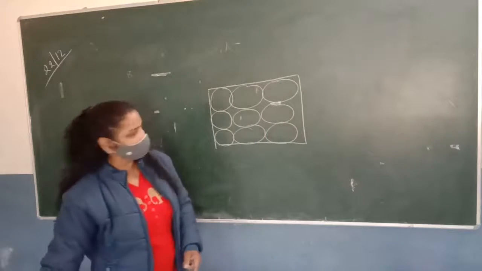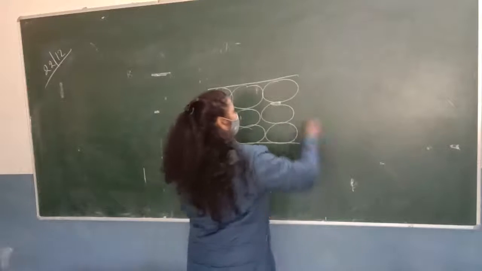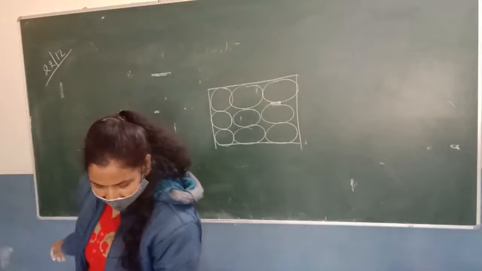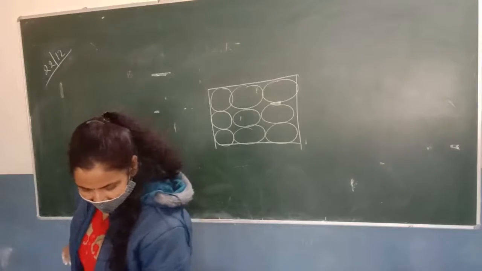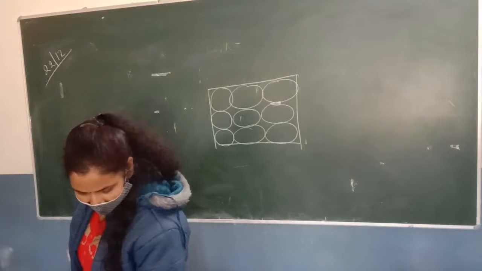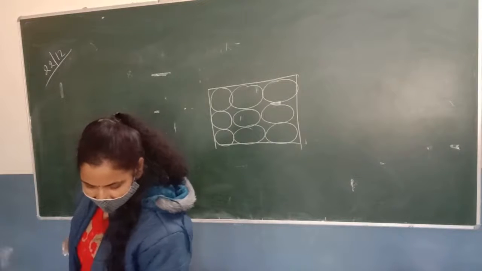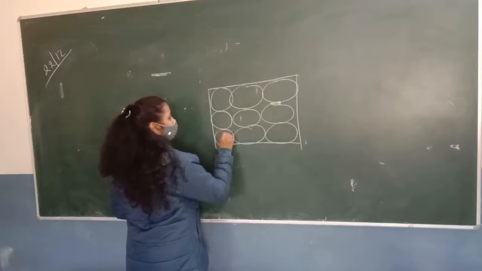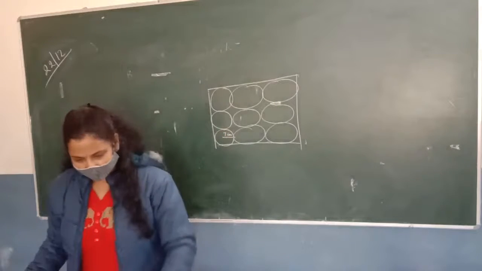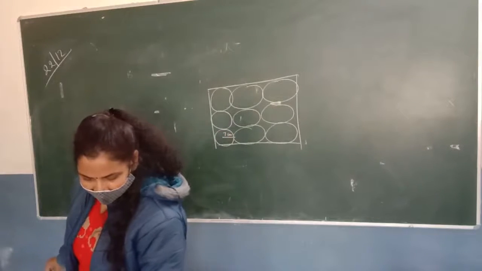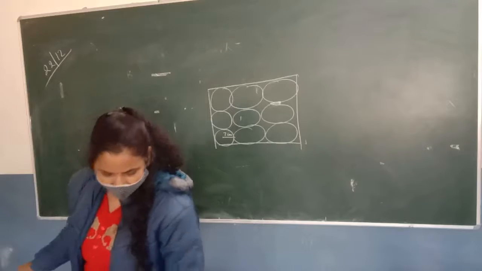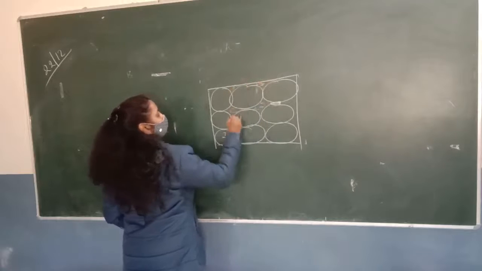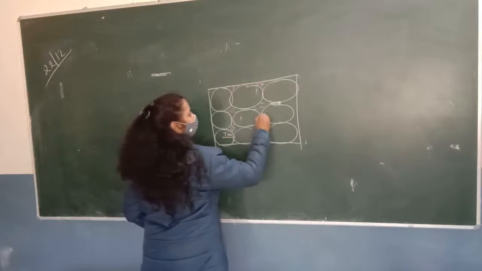This handkerchief is square in shape, and the radius of the circles in the handkerchief is 7 centimeter. So find the area of the remaining portion of the handkerchief, where the circles are not present in the square.